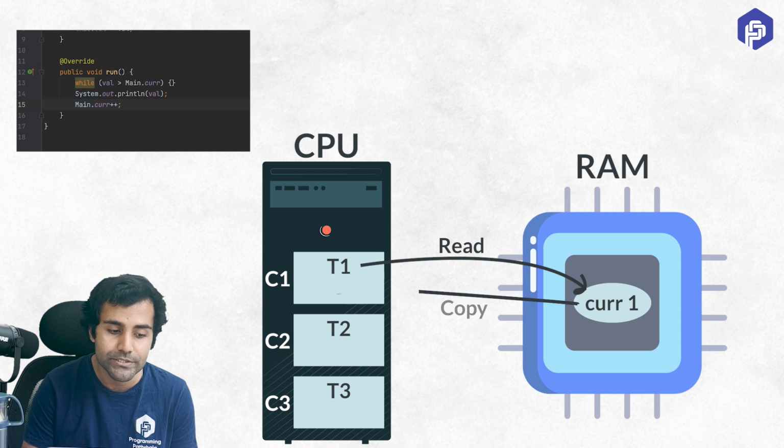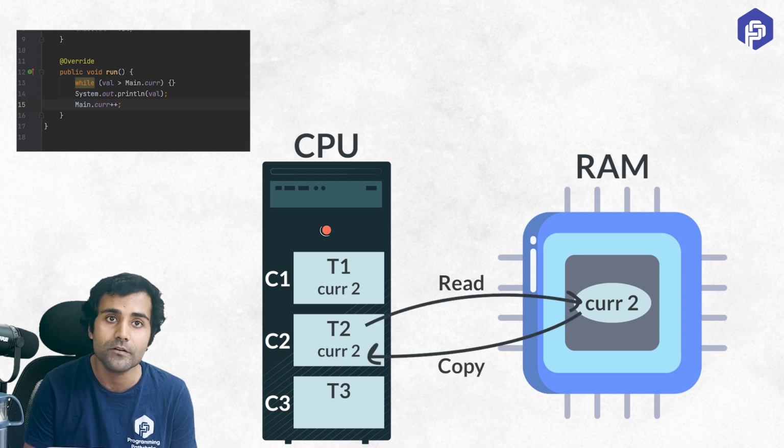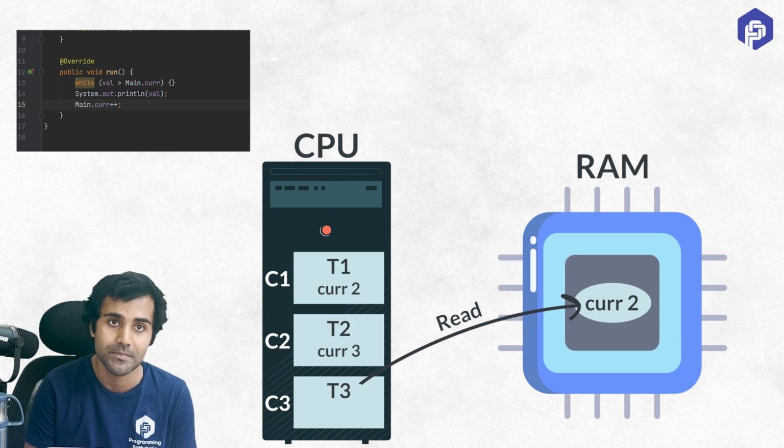When thread 1 was scheduled, it changed the value of current to 2, and that luckily got flushed to the RAM, so thread 2 was able to see that change. But when thread 2 created a copy of current inside its local CPU and added 1 to it, the value of current became 3, but it is not visible to the other threads because it would not have been flushed back to the main memory.